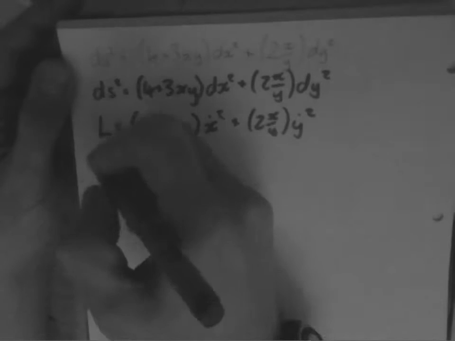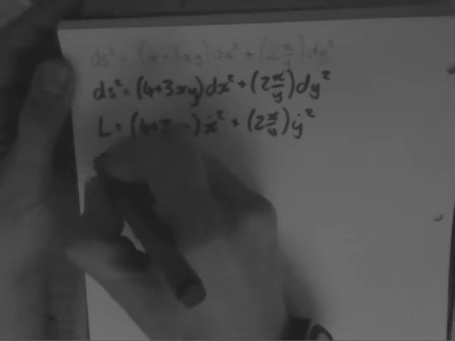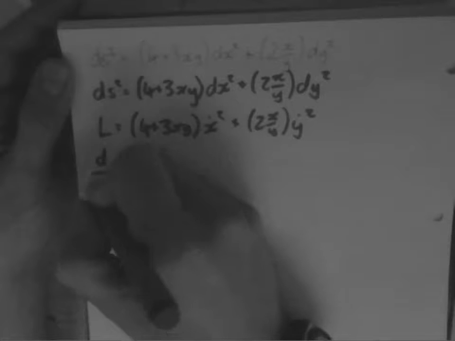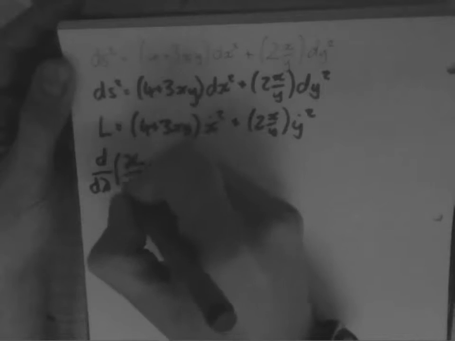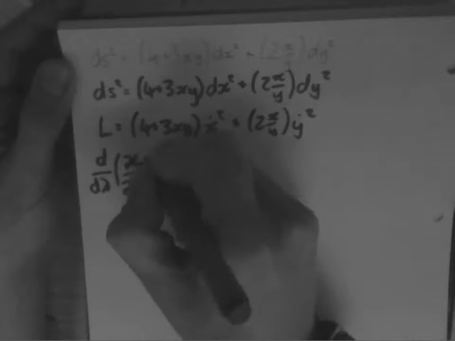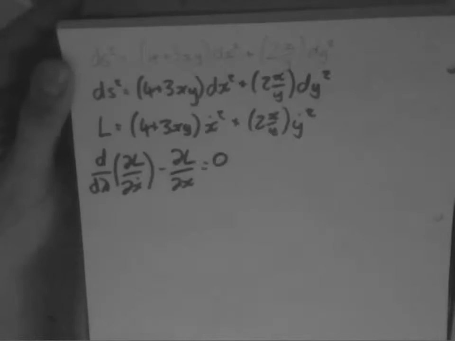First of all, the Euler-Lagrange equation: d by d lambda of dL by dx dot, minus dL by dx, is equal to 0. That's the first Euler-Lagrange equation.